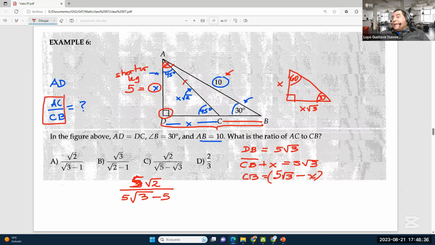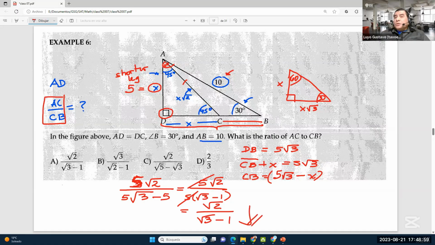Well, we can clearly see that 5 can be factored up and down. And we have, sorry, square root of 2 is missing. Square root of 2 divided by square root of 3, take away 1. It corresponds to option A. Okay, that's it. Well, let's continue.